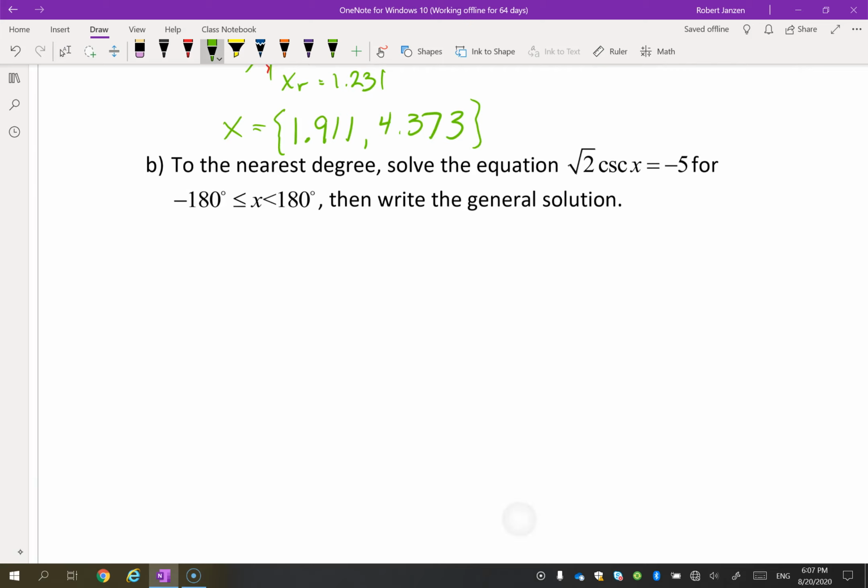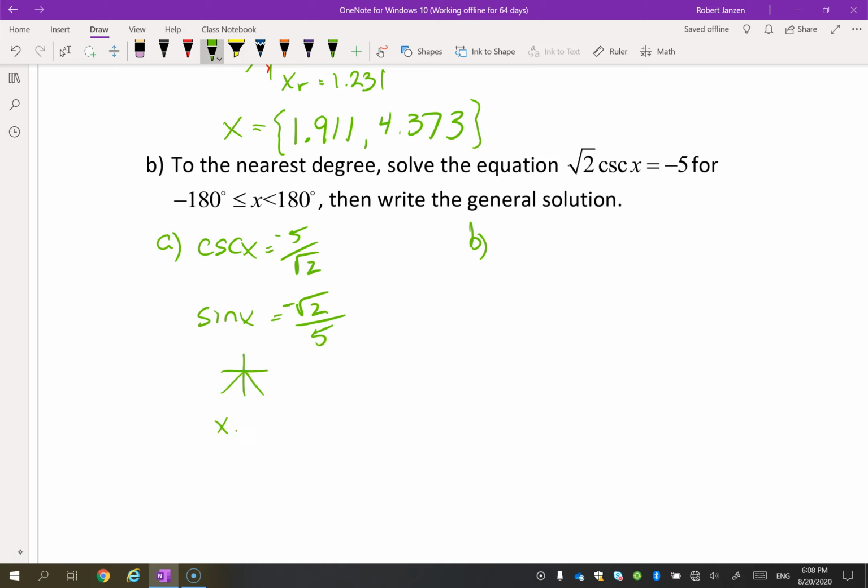Let's try this. Again, we'll do A and B. So cosecant x is going to be 5 over root 2. Sorry, negative 5 over root 2. So sine x is going to be root 2 over 5, and it's negative.